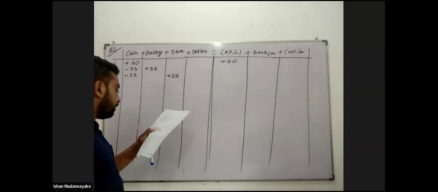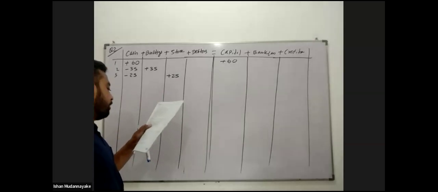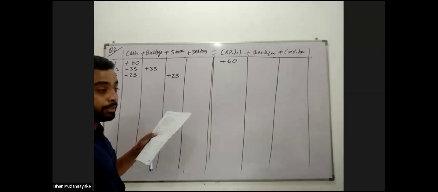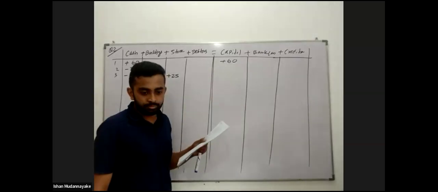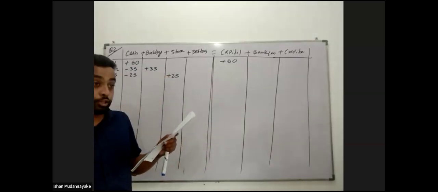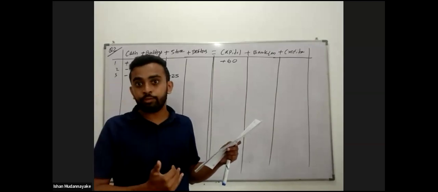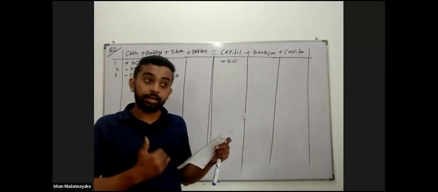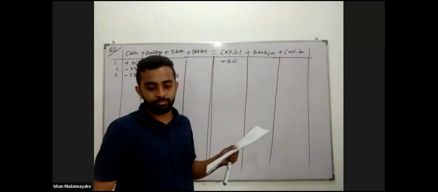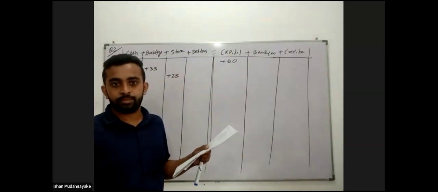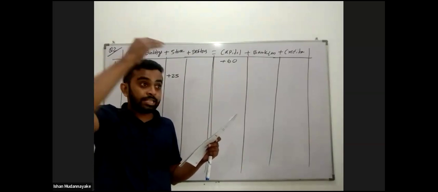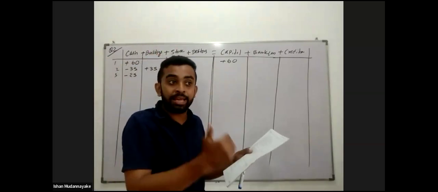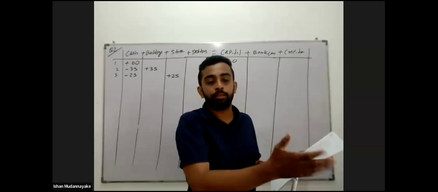Transaction number 4, purchase trade stock worth 18,000 on credit basis. You purchase on credit basis, you agree to pay later. Today you purchase stocks and you agree with the supplier to pay after 1 month.